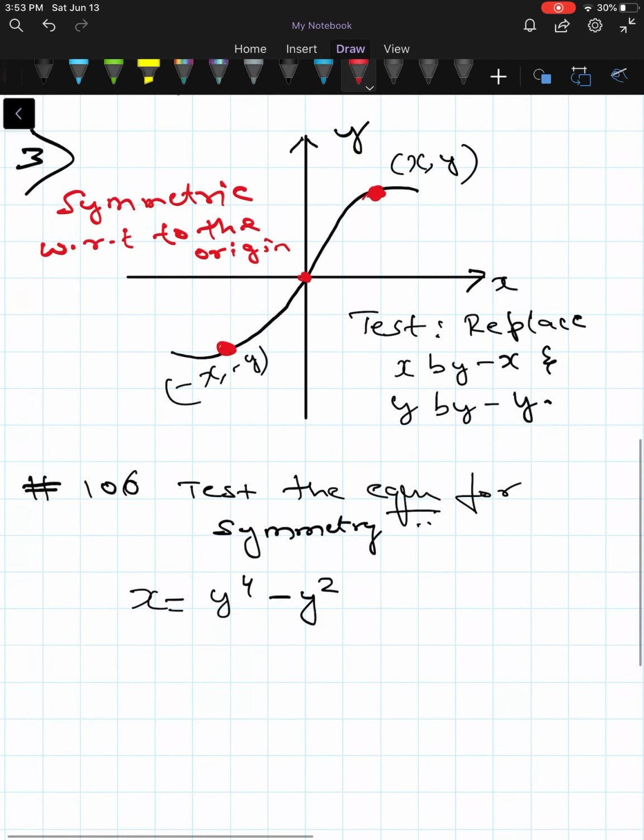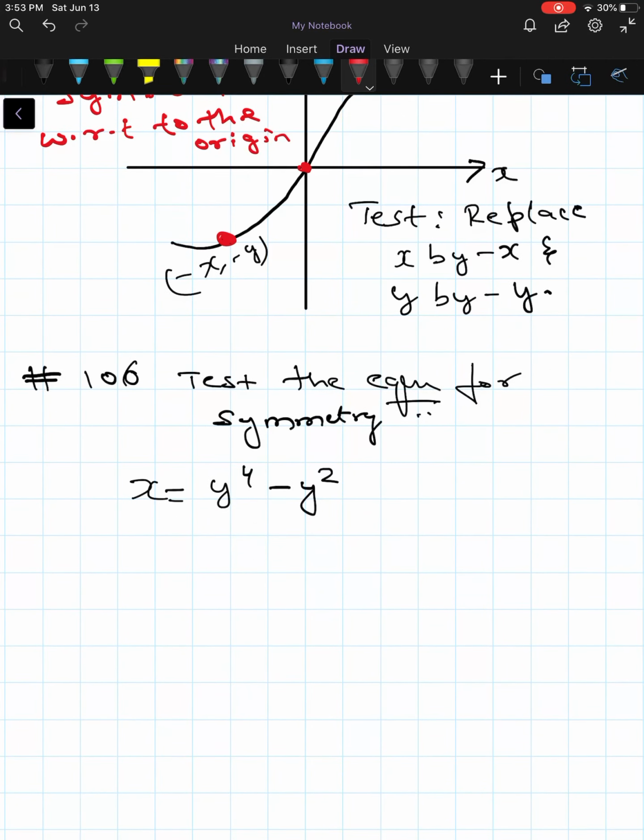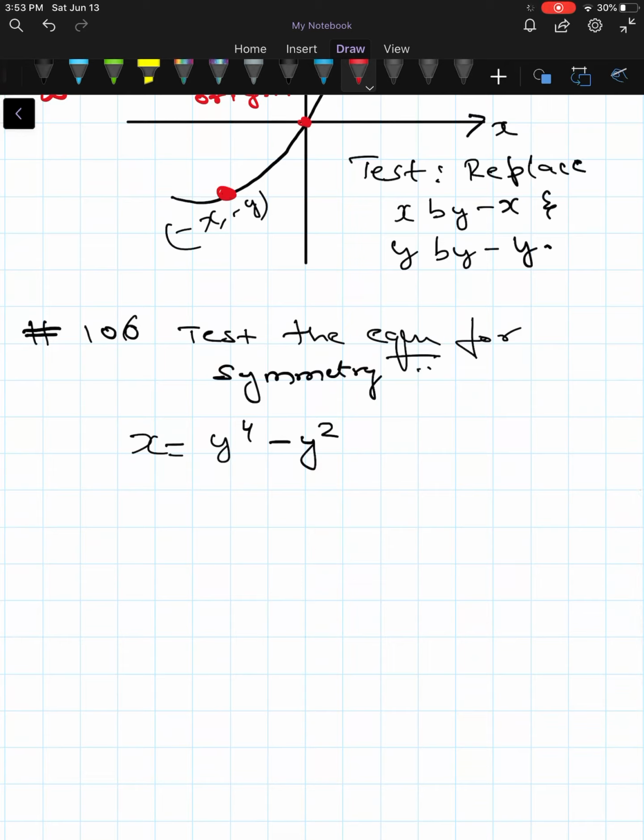Now if we have to test the equation for symmetry, we will do the symmetry test for the first type, that is, check whether it is symmetric with respect to the y-axis. For that we should replace x by negative x. That obviously will change the equation. So what do we get?